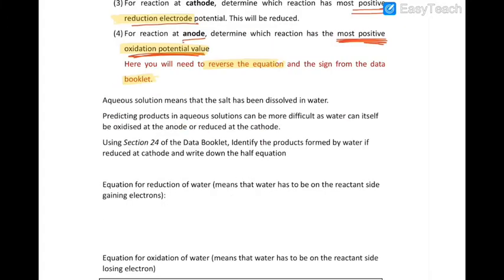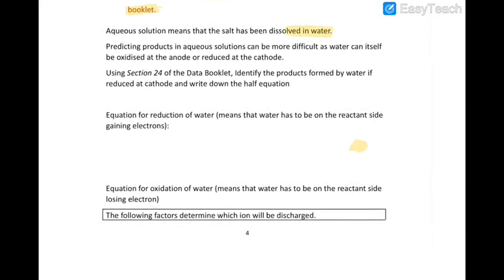Now we'll be talking about aqueous solutions for the HL content. Aqueous means that the salt has been dissolved in water, which means that water can be oxidized or water can be reduced. So at the cathode we'll have reduction of water, and at the anode we'll have oxidation of water.